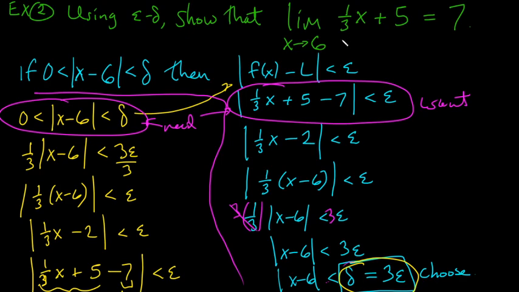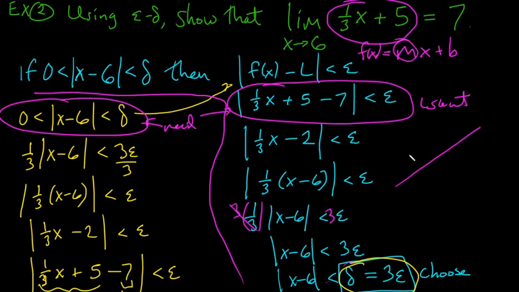And what made this reasonable, I'm not saying it's easy, but it's a reasonable problem, is the fact that the 2 functions we dealt with so far were just linear functions. If f of x is just mx plus b, you can kind of see what happens. It has to do with the steepness of the line. This line was not all that steep. It had a slope of 1/3.